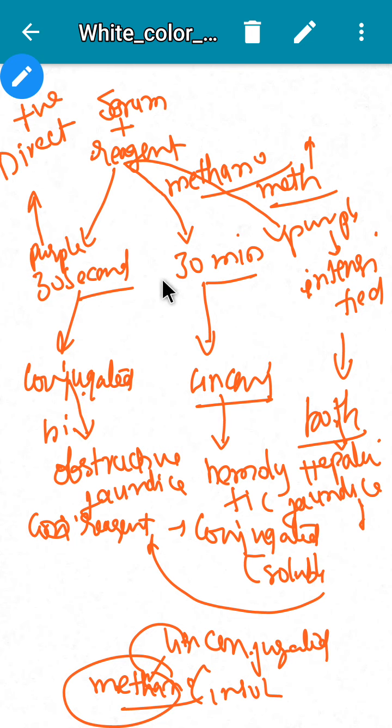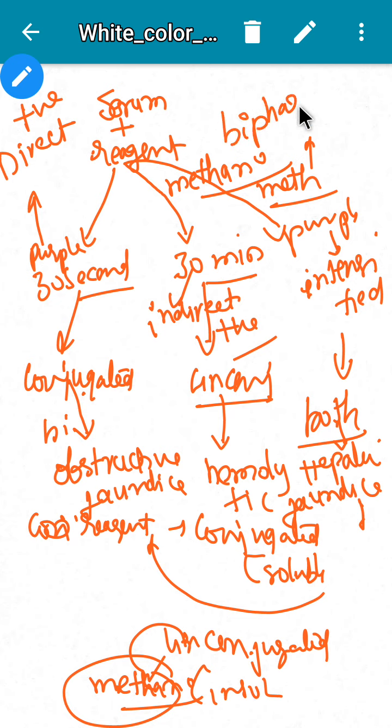The reaction which appears in 30 minutes is indirect positive. The one in which the color intensifies after addition of methanol is biphasic. Biphasic positive means hepatic jaundice. Indirect positive means hemolytic jaundice. Direct positive means obstructive jaundice. Okay, this is about the Van den Bergh reaction.